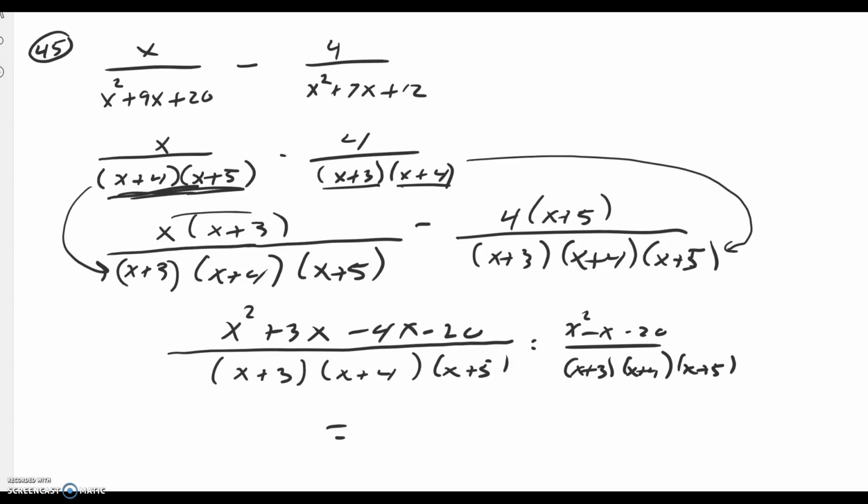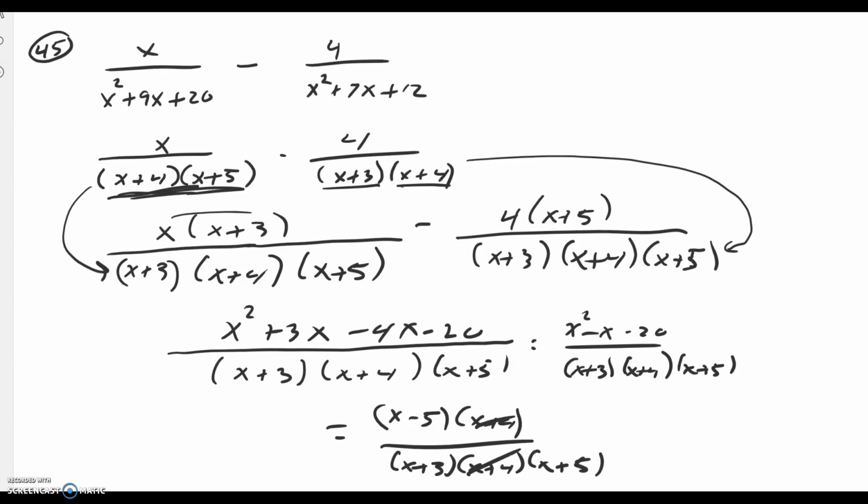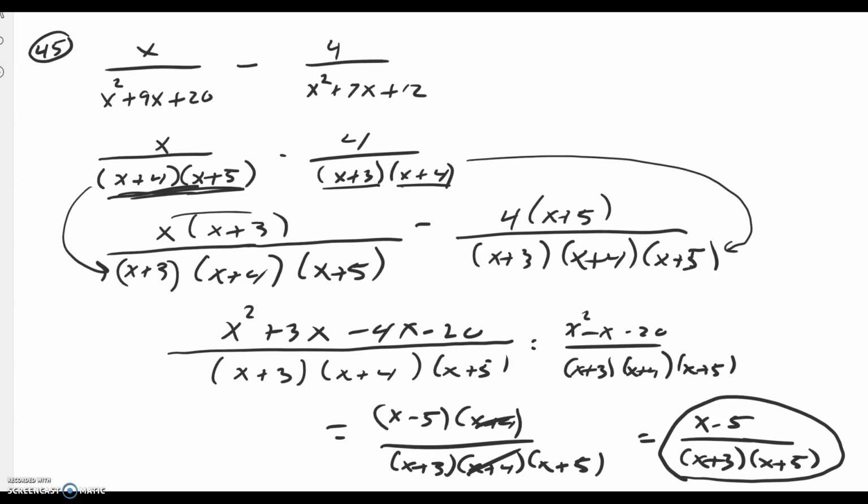But x squared minus x minus 20 factors into x minus 5 times x plus 4 all over those same 3 binomials. And the x plus 4's cancel, and we get x minus 5 over x plus 3 times x plus 5. These 2, x minus 5 and x plus 5, are not opposites, so they do not cancel to -1. So we're done.